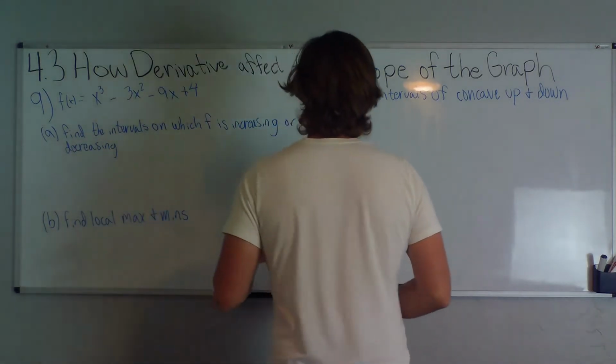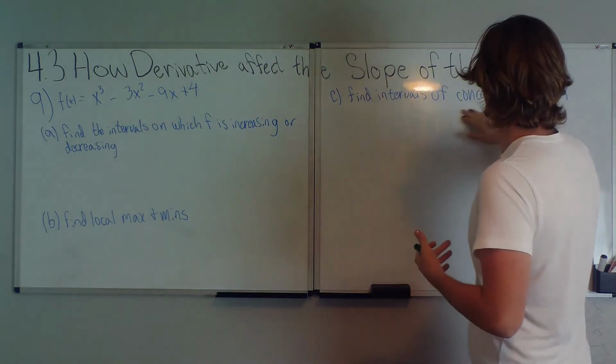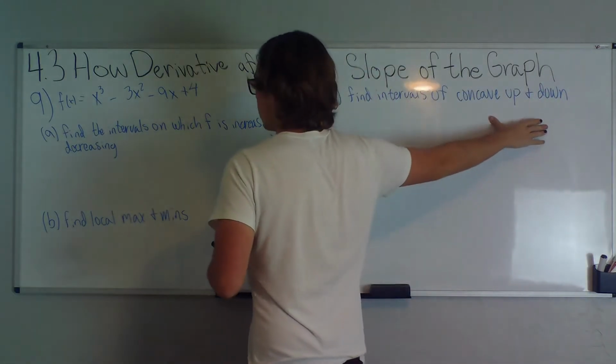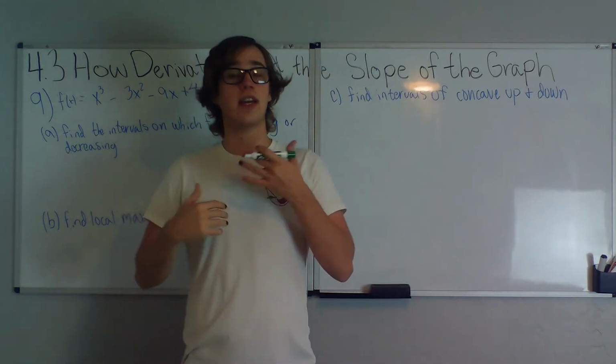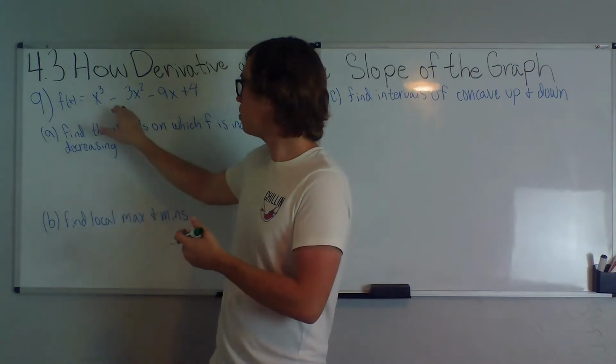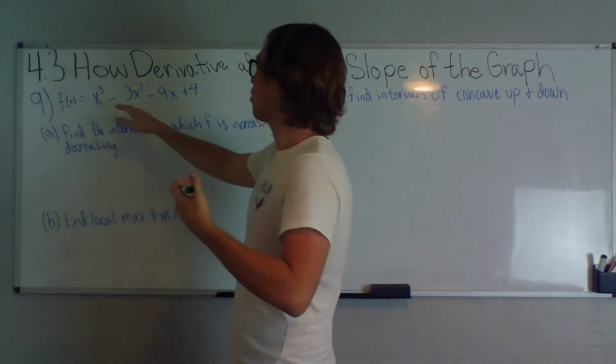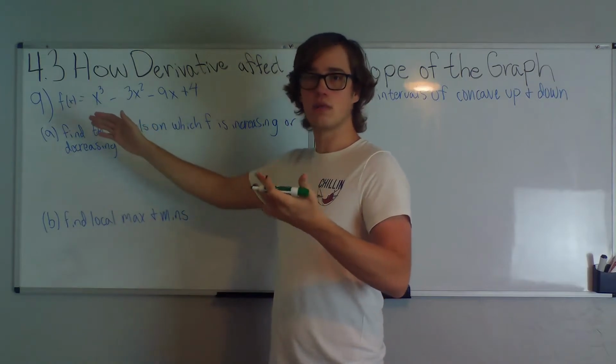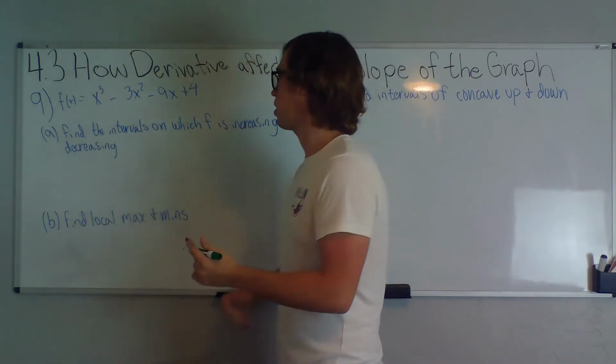So we know that to find where it's concave up and concave down, we have to find the second derivative. So we're going to find our first derivative and our second derivative.